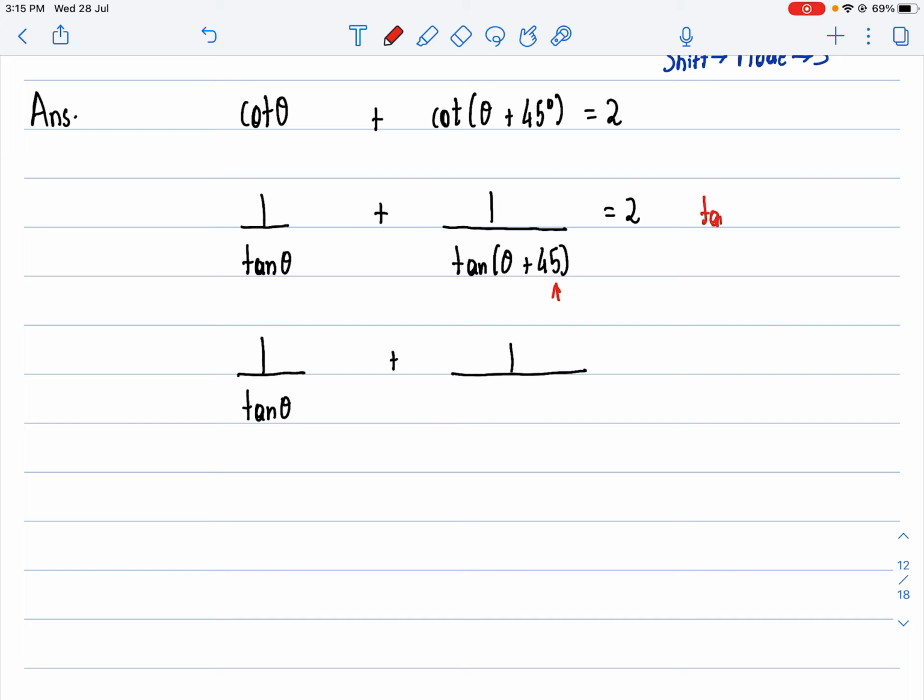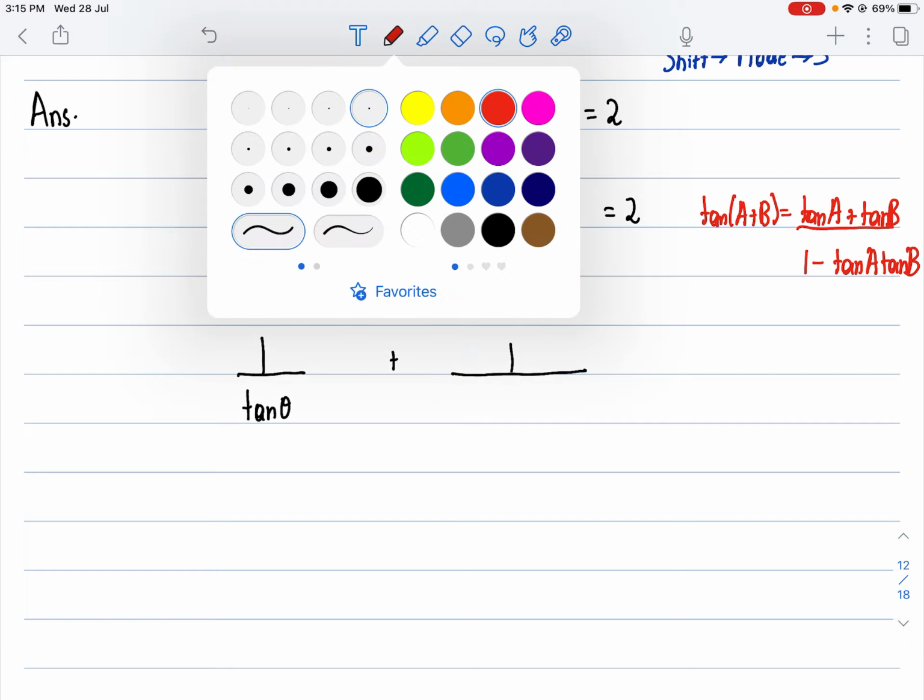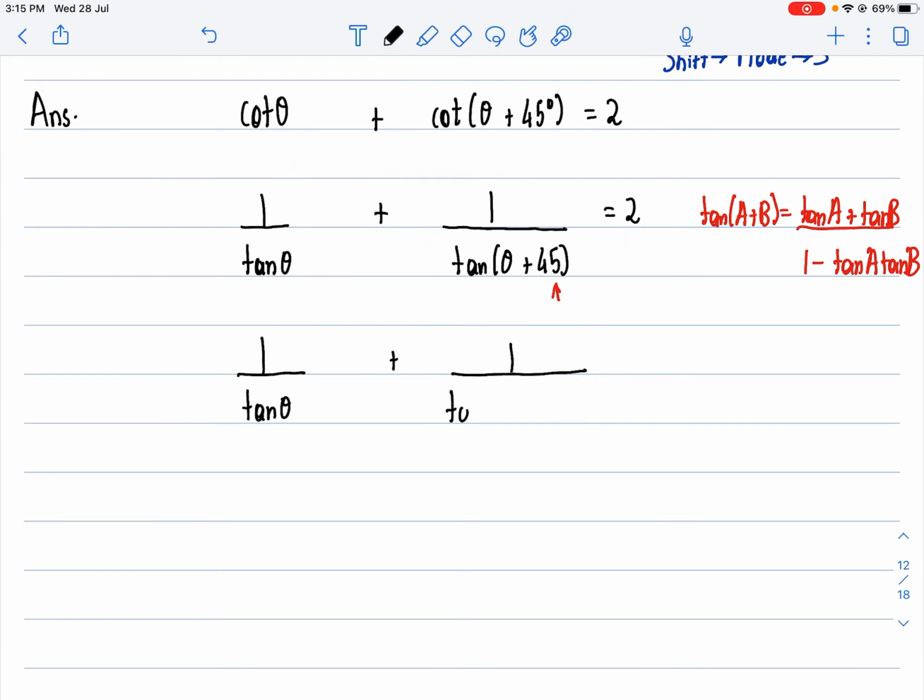So you need to know that tan(A + B) is basically tan A, correct? Plus tan B divided by 1 minus tan A tan B, correct? So I can simply write this as tan theta plus tan 45 degrees, correct, which is divided by 1 minus tan theta tan 45 degrees, correct, which is equal to 2.